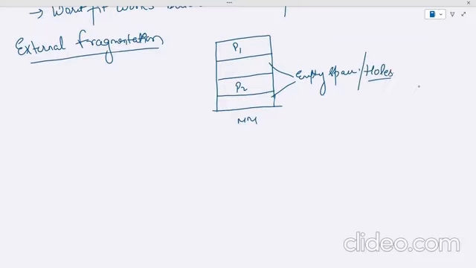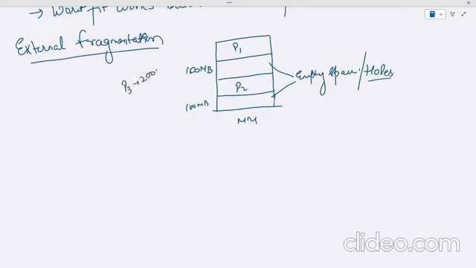Let's say the space of this part is 150 MB and the space of this part is 100 MB. Now what is the meaning of external fragmentation? We have three processes in our system, P1, P2, and let's say P3.